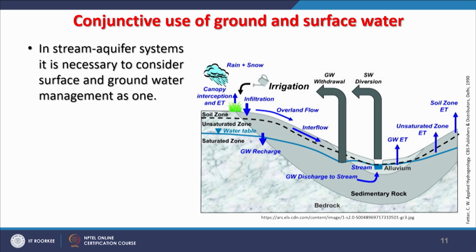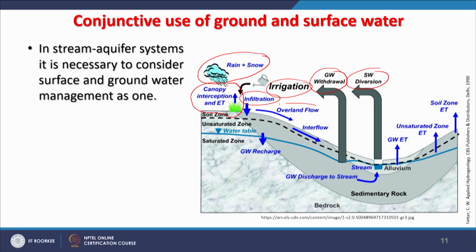So, here what you are seeing is that groundwater withdrawal and surface water diversion are taking place here, and at the same time you are having the rain and snow, that is overall precipitation you are talking about, then canopy interception and ET, that is evapotranspiration. Some water even after the irrigation, that is return water through irrigation, comes, and that is now infiltration here.